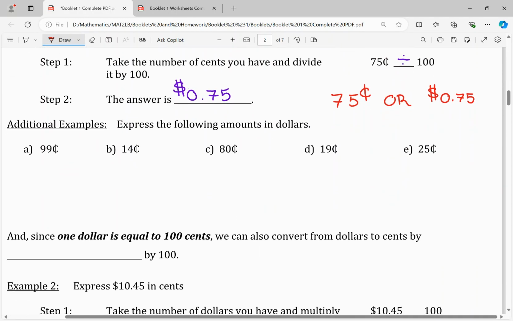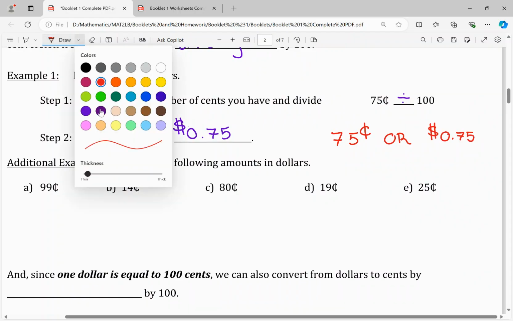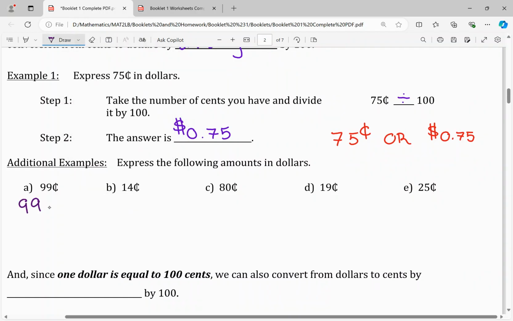So, really quickly, we are going to take each of these values in cents and change them to dollars. And each time, the process is going to be the exact same. You're going to take your amount that is in cents, and you are going to divide it by 100. And whatever your answer is, in this case, it's going to be 0.99.